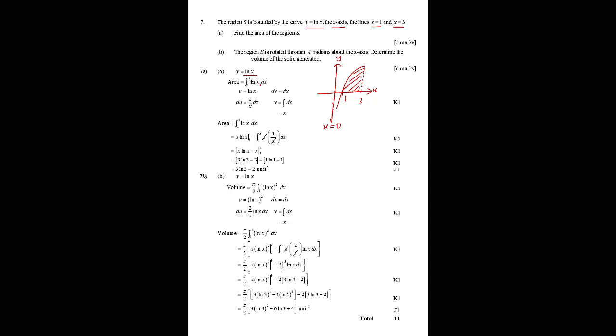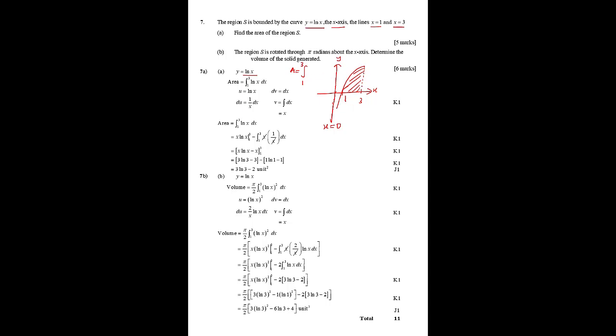To use the formula for area, you need to integrate from the lower to the upper limit. The lower limit is 1, the upper limit is 3, and then upper function minus lower function.